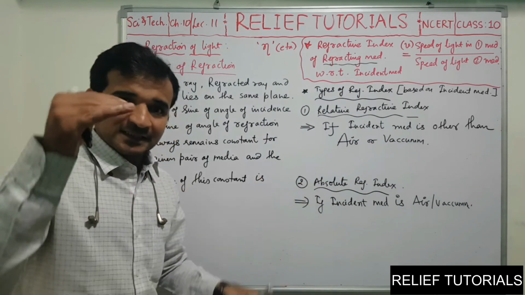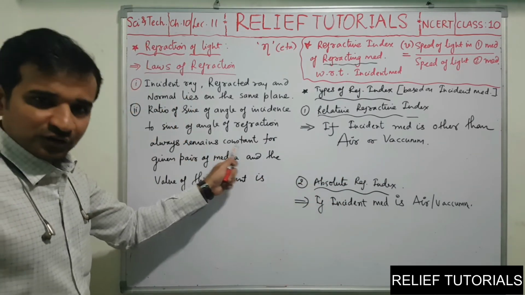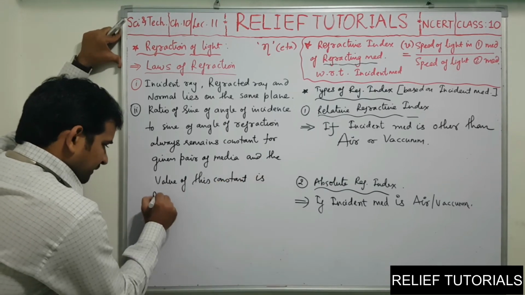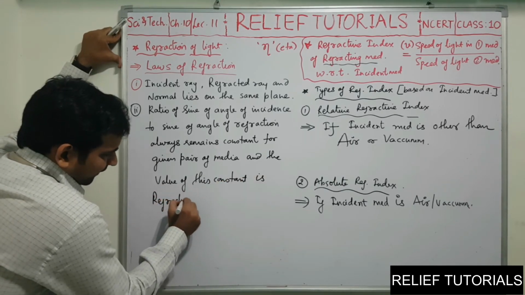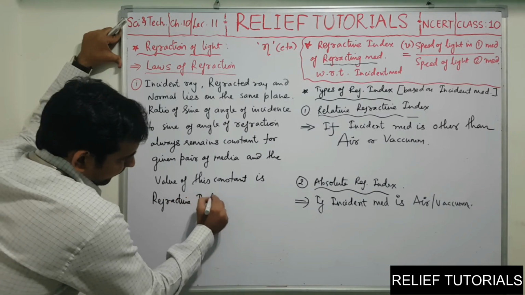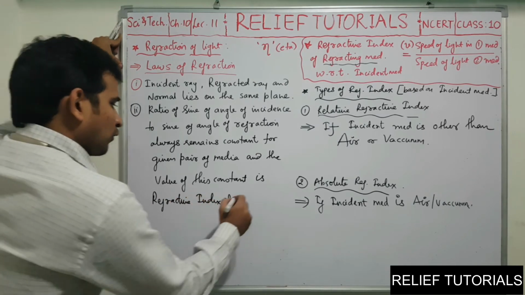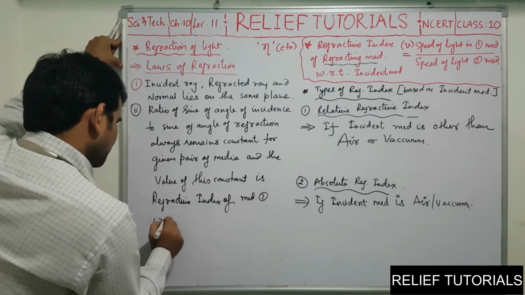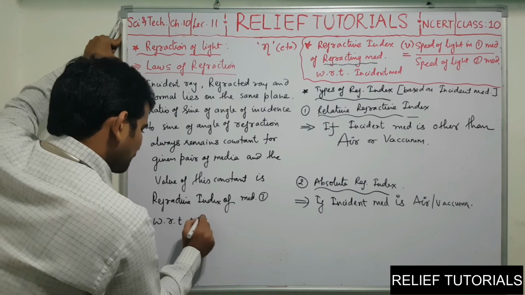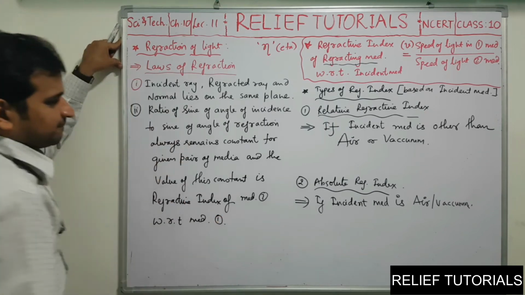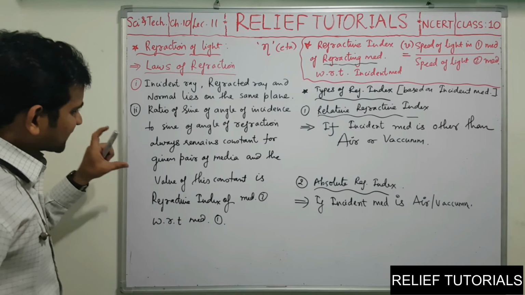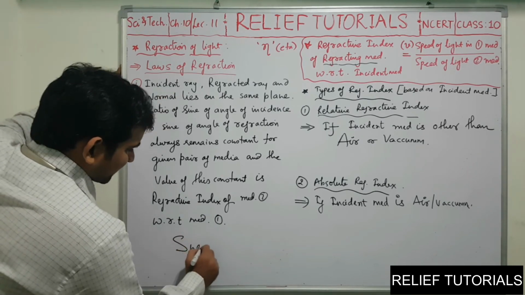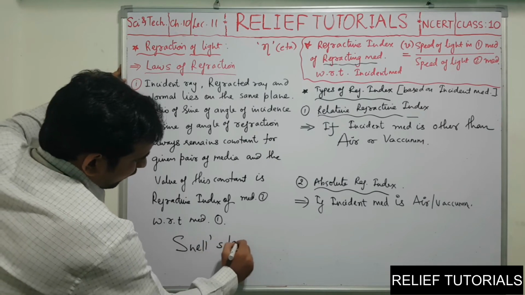So refractive index itself is the constant here. So the value of this constant is refractive index of medium 2 with respect to medium 1. This is the complete second law of refraction, and this law is very famous as Snell's law.